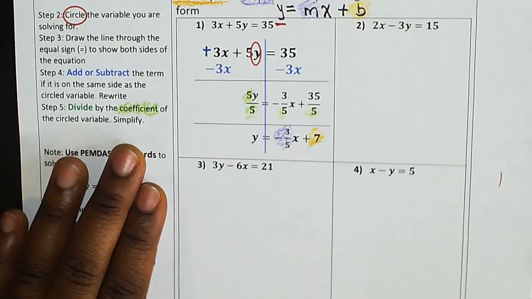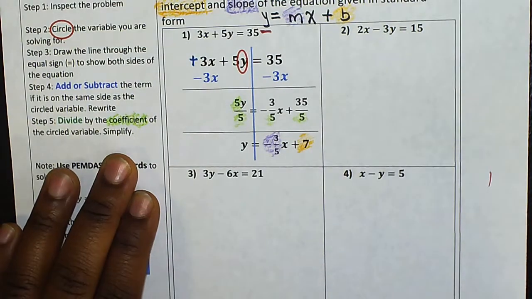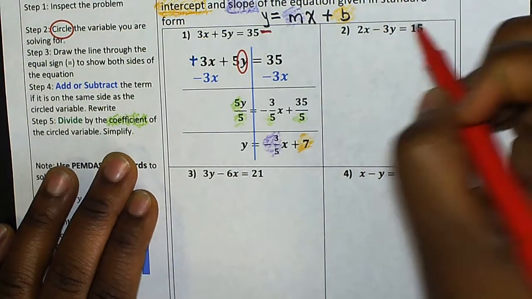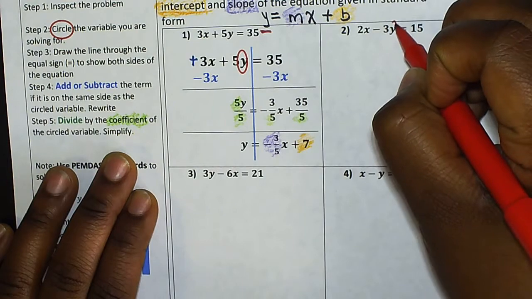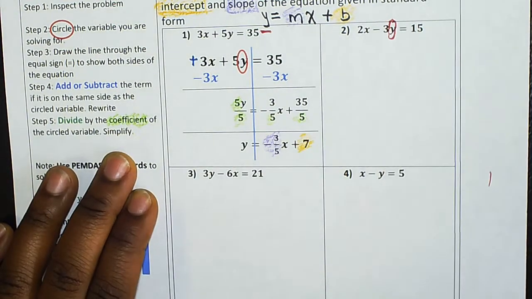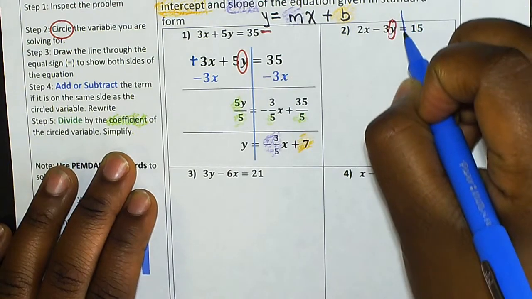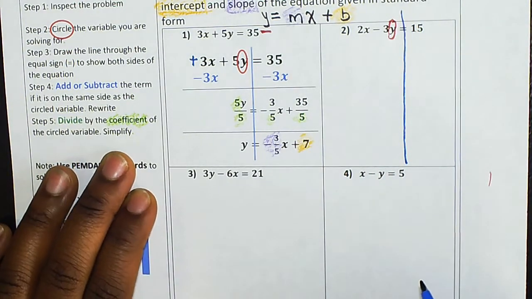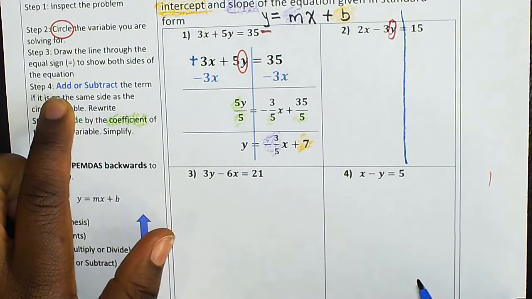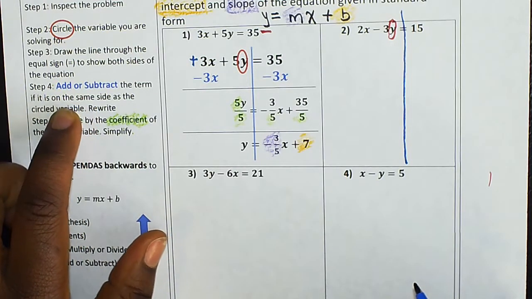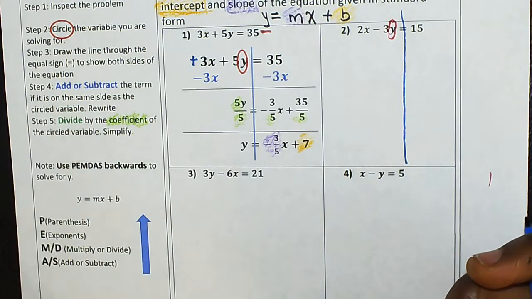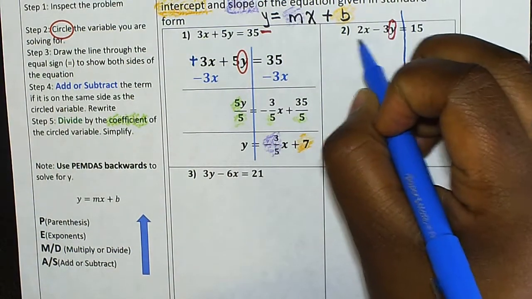Now we're ready for number 2. First, let's inspect our problem and circle the variable we're looking for. We want to solve for y. Now let's draw a line through the middle of our equal sign. And we're going to add or subtract the term if it's on the same side as the circle variable. So we're going to add or subtract 2x.